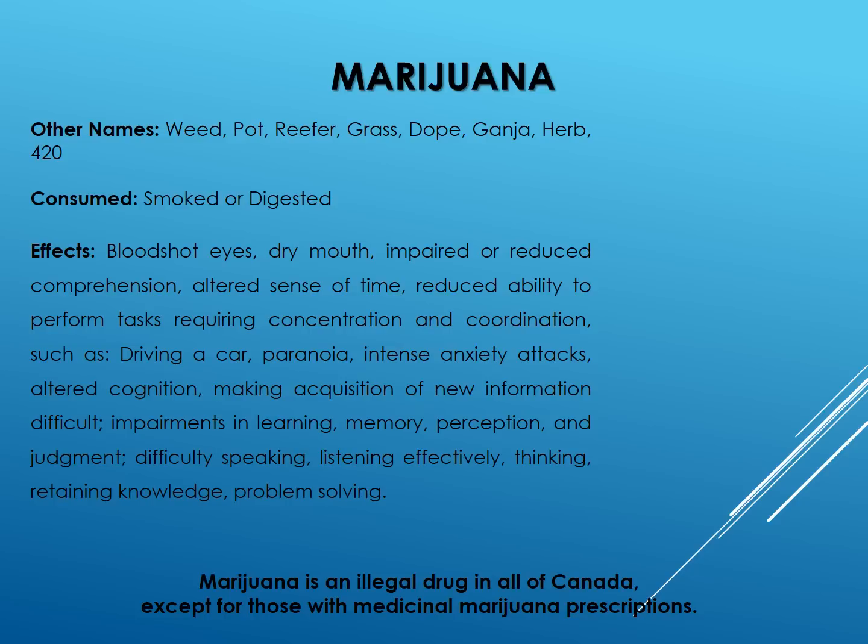Effects: bloodshot eyes, dry mouth, impaired or reduced comprehension, altered sense of time, reduced ability to perform tasks requiring concentration and coordination, such as driving a car, paranoia, intense anxiety attacks, altered cognition, making acquisition of new information difficult, impairments in learning, memory, perception, and judgment, difficulty speaking, listening effectively, thinking, retaining knowledge, problem solving. Marijuana is an illegal drug in all of Canada, except for those with medicinal marijuana prescriptions.